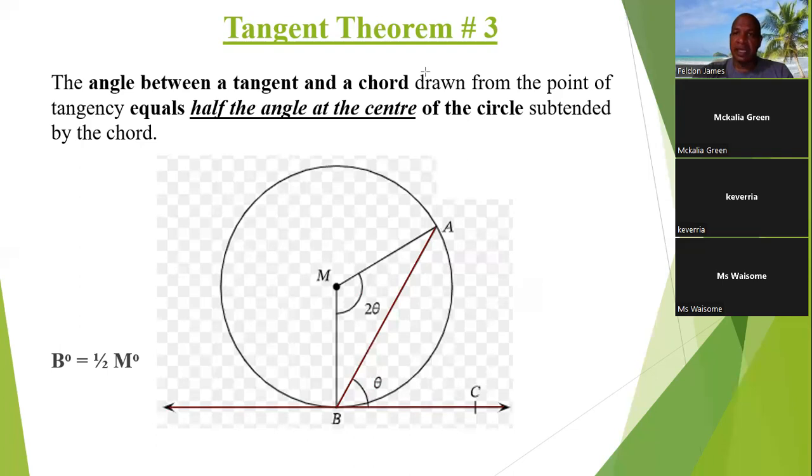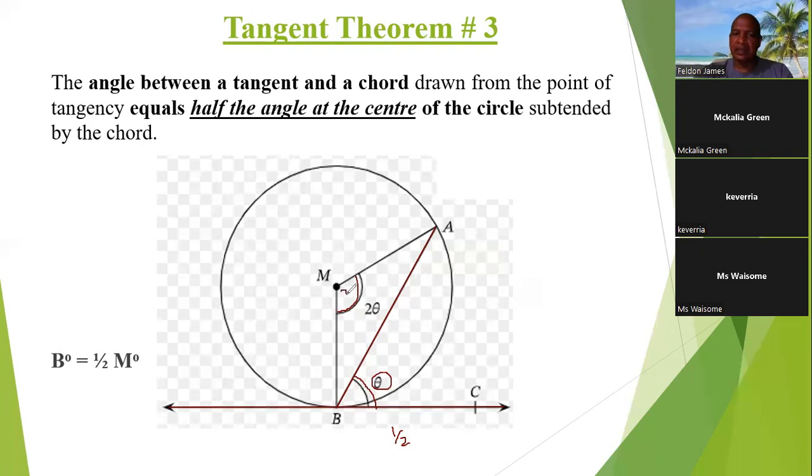So the theorem is saying that the angle formed with the chord and the tangent is half the angle formed at the center. So you can read this two ways. You can say that this angle is half of what is at the center here.